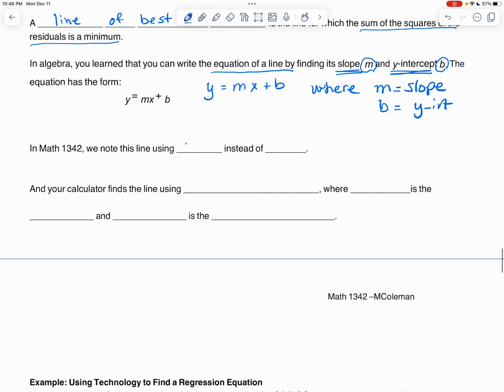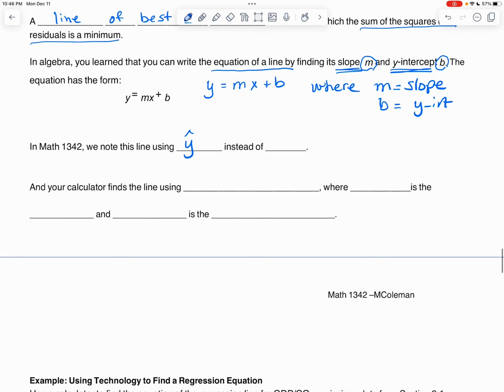In stats, we use a new variable, and we actually read this as y hat. It looks like there's a little hat on top of it. So we're going to use y hat instead of y. And on your calculator, and we did this at the end of section 9.1, we had y equals ax plus b, where a is the slope and b is the y-intercept. So basically, everything is similar to the way you learned it in algebra.